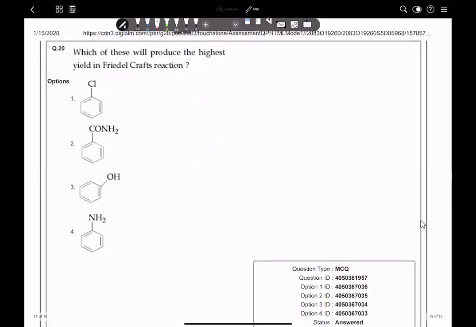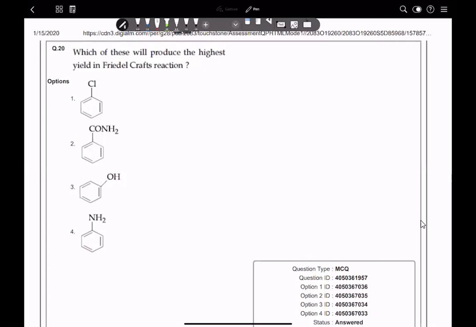Which of the following will produce the highest yield in the Friedel-Crafts reaction? So you know, for the Friedel-Crafts reaction, either a benzene ring or a moderately activated ring shows the highest rate. Okay. In Friedel-Crafts reaction, either moderately activated rings or the benzene ring shows the highest rate.